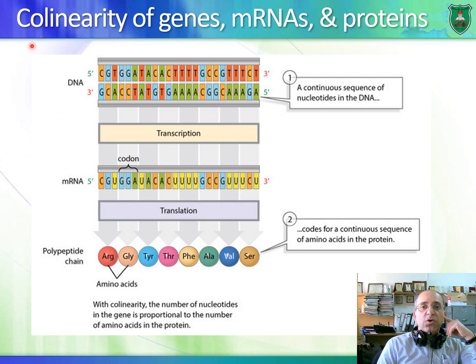So there is this collinearity of genes, messenger RNAs, and proteins, and that clarifies the idea that genes are transcribed into messenger RNA, and this messenger RNA is read and translated into amino acids in the same order. So that was an important point at that time.